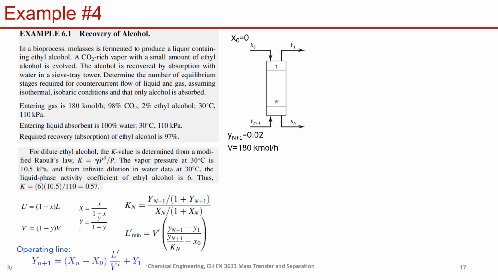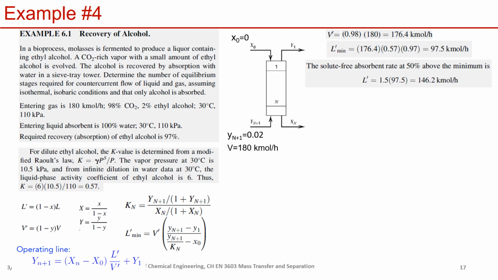So next thing you do, you need to find the operation line, right? To do that, you just need to compute these parameters. So first, we compute the solute-free vapor phase flow rate. That is basically the mole fraction of CO2 multiplied by the total flow rate. That gives you this number.